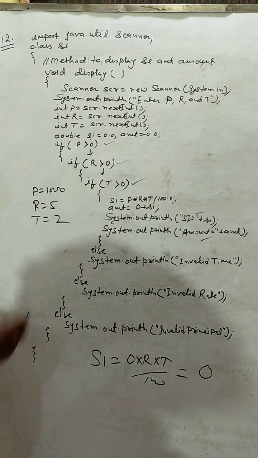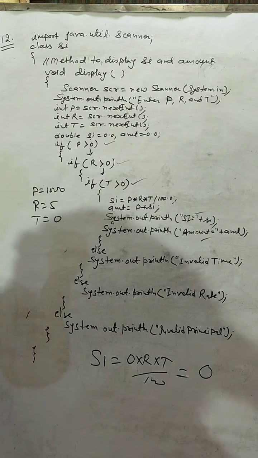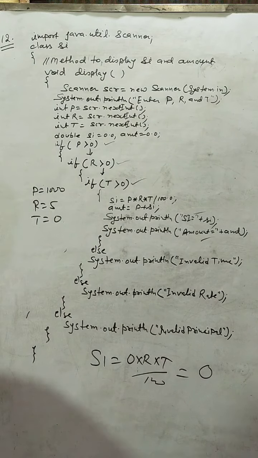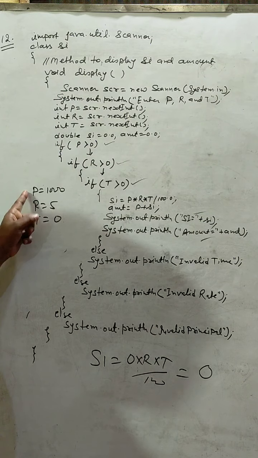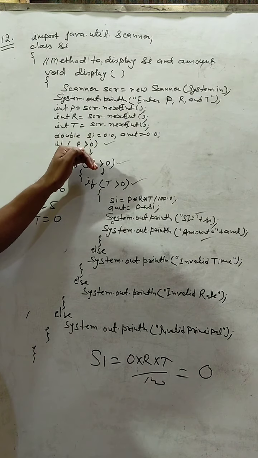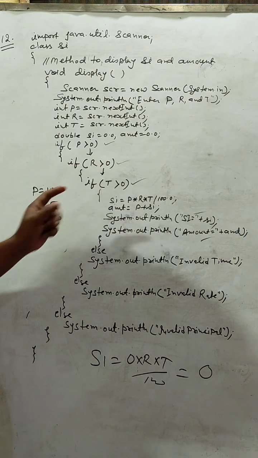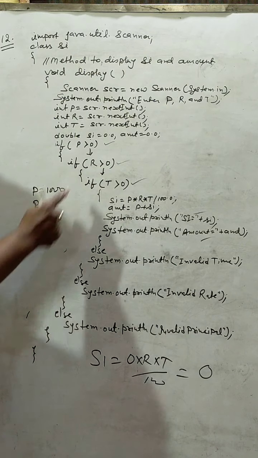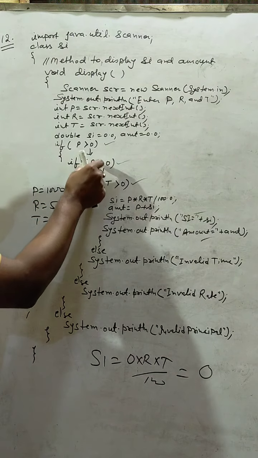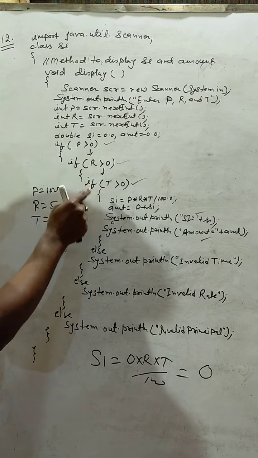But suppose T is 0. So principal is greater than 0, for this value P is 1000, this condition is true. We move inside. Again R greater than 0, for R equal to 5, this condition is also true. Again the control will move inside this if.